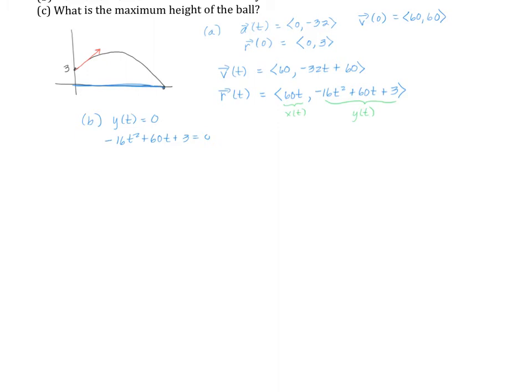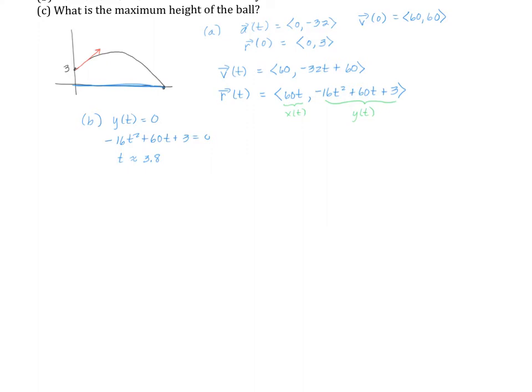So if you use the quadratic formula or you simply plug this in a calculator, when I did, and I'm going to go 1 decimal place, my t value is approximately 3.8 seconds. So at approximately 3.8 seconds, that's when this object is going to be on the ground.